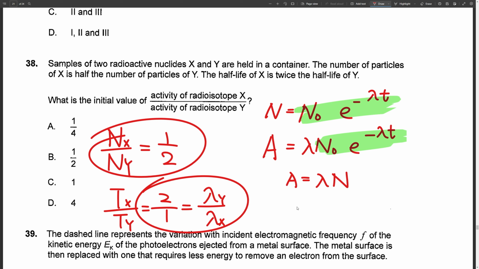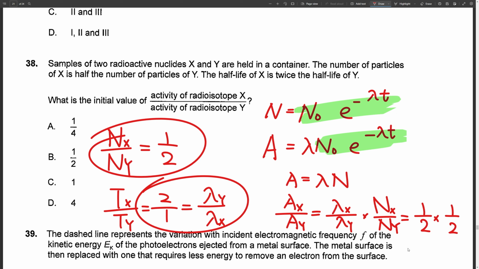Next, you can take it into ratio, which is activity of X to activity of Y is equal to lambda X over lambda Y times Nx over Ny. From the previous work on the left, we can tell lambda X to lambda Y is 1 to 2, and Nx to Ny is 1 to 2 as well. So the final answer is 1 to 4, A.